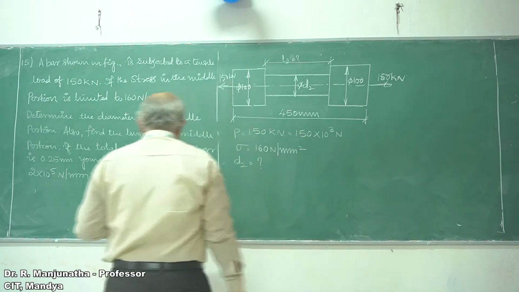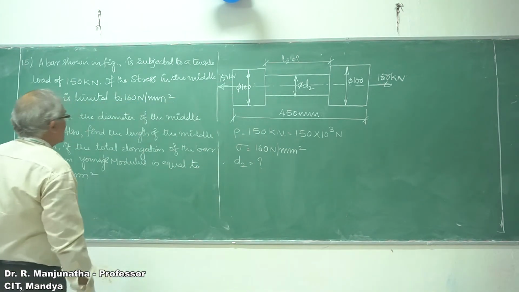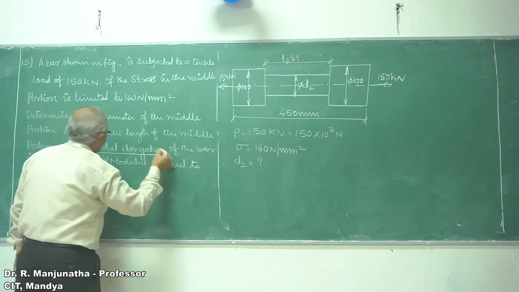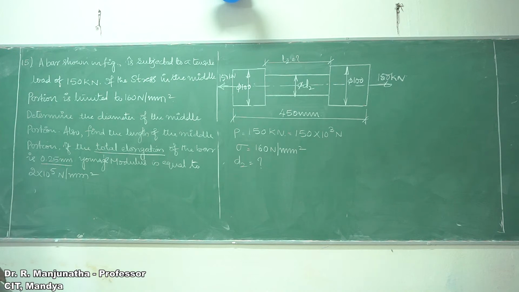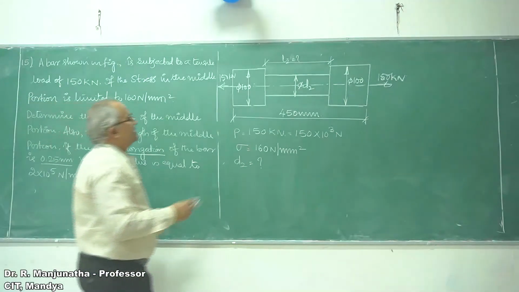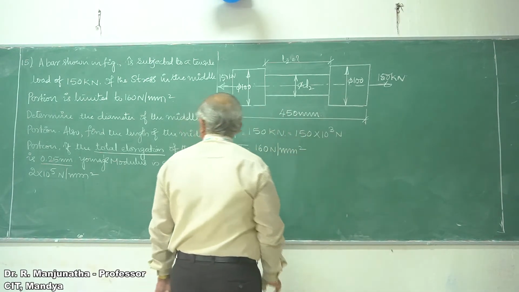Now, he says the total elongation of the bar is 0.25 mm. That is basically because we are applying a tensile load, 150 kN on this side and 150 kN on that side.